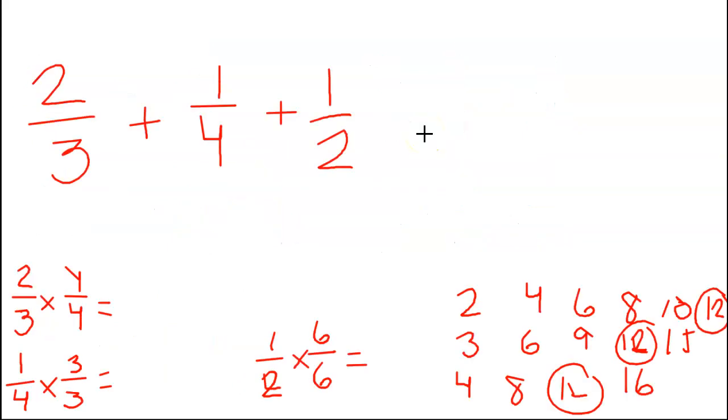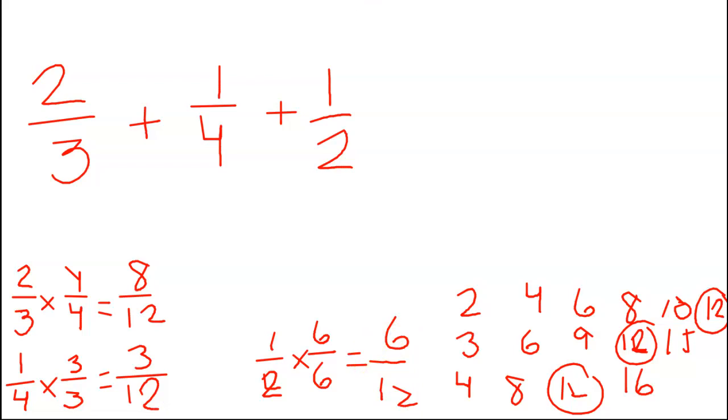Okay, so as I count up those 3, 4, and 2, I see that my common multiple will be 12. So I'm going to make sure that I've used my identity property to rename all of my values as 12ths.